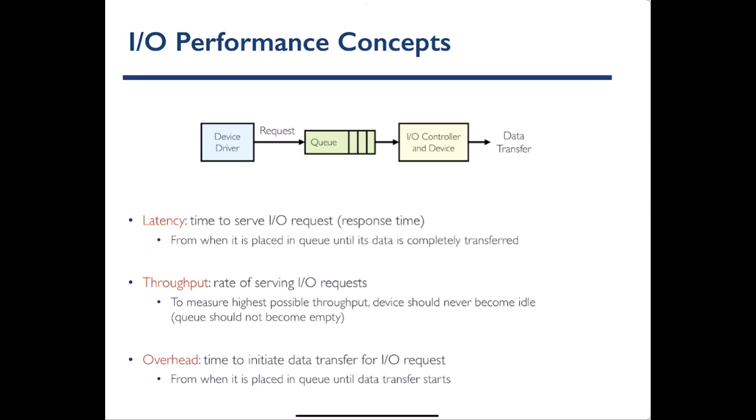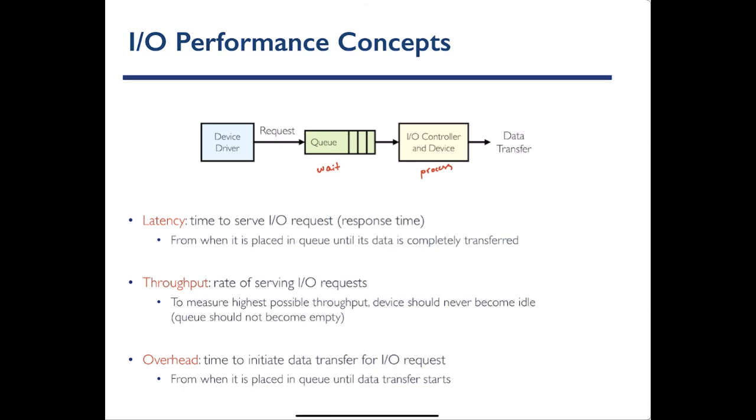Now, with this model, the latency of each IO request is the time that IO request waits inside the queue. So you spend some time here waiting, and then you spend some time here to process. Once the IO controller gets the request, it has to process the request.